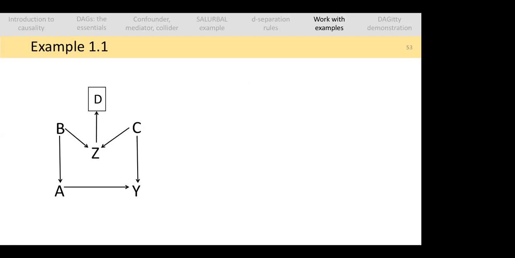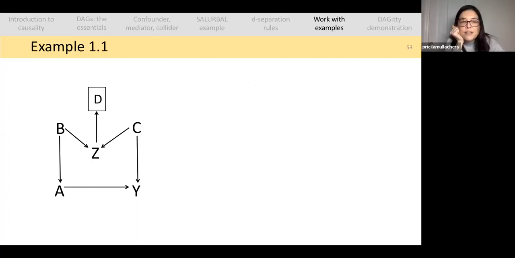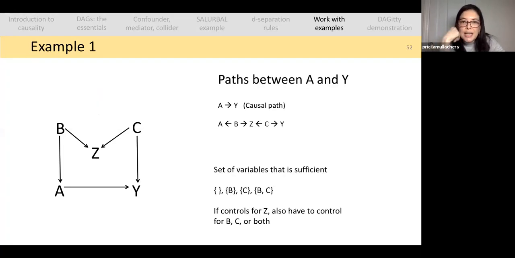Sorry, I have a question. When you talk about the effects stratified by age, do you include an interaction term between the treatment and age, or do you just put age as an additive effect? Yes, so if B is age and you want to look at interaction, you don't need to do anything to this DAG.